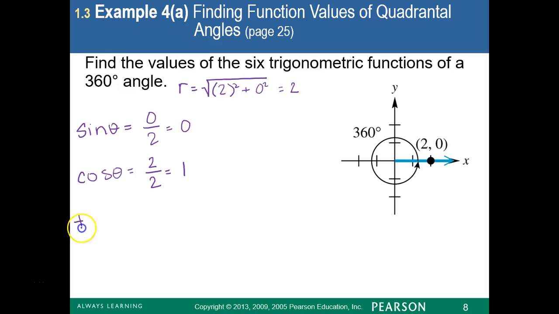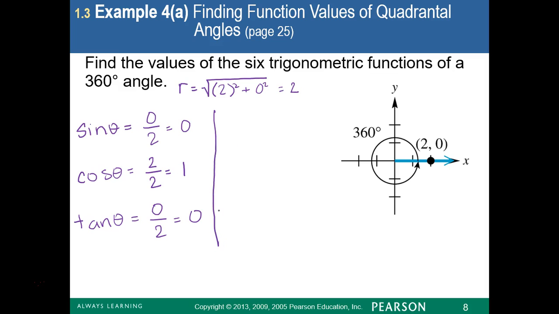And then your tangent of theta is equal to y over x. 0 over 2, which is equal to 0 again.